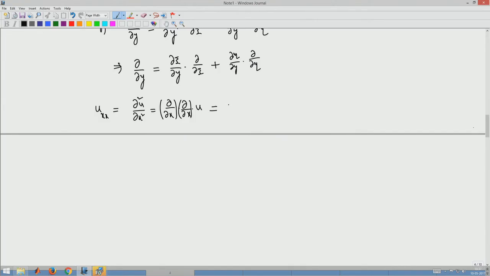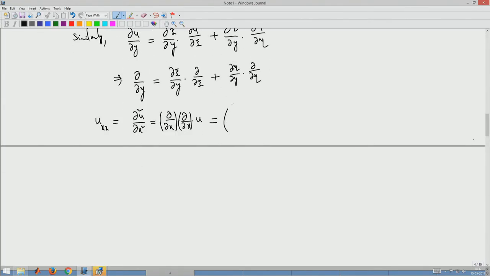But now I replace dou x with what I have: xi_x dou xi plus eta_x dou eta, that is for dou x. You repeat one more, xi_x dou xi plus eta_x dou eta acting on u. If you are acting on u, the first one will give you dou u, simple.